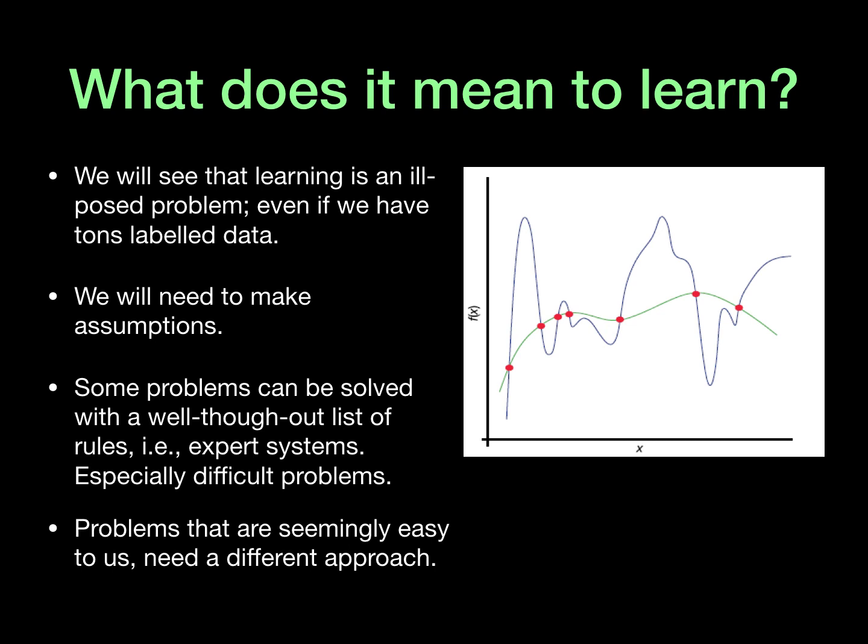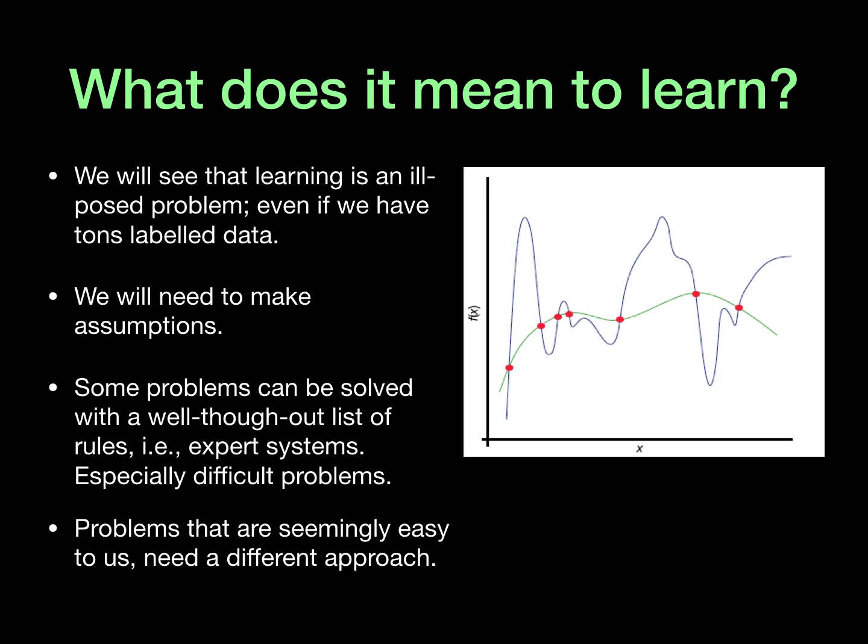Now, I have to state at this point that some problems can be solved with well thought out rules, such as expert systems. An expert system is nothing else than a system in which you hard code the rules to be followed by the algorithm.